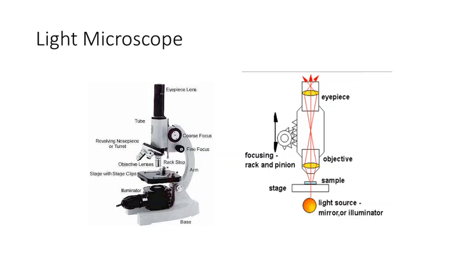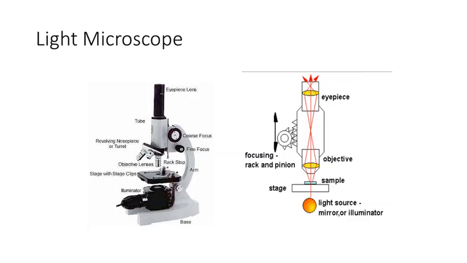These are the basic parts of the optical microscope. We have an eyepiece, which is a lens, and an objective lens. We have provision for placing our sample at the bottom. We have a source of illumination, which is the light source, mirror or illuminator system. We also have a provision for varying the position of the eyepiece, for varying our focus, which is called the focus rack and pinion arrangement.